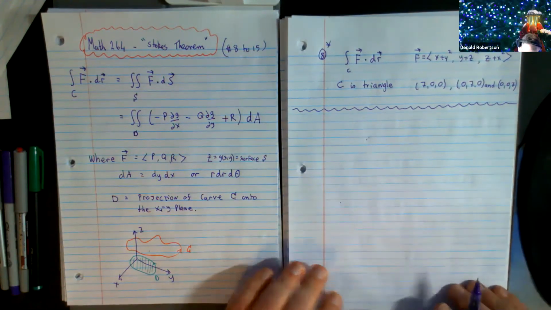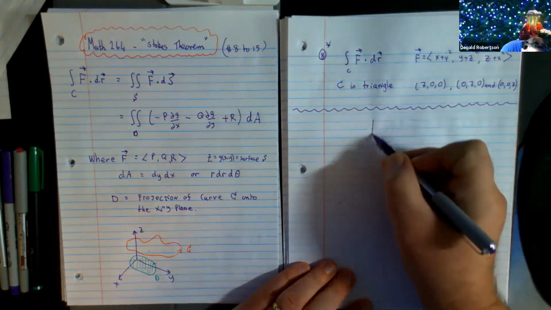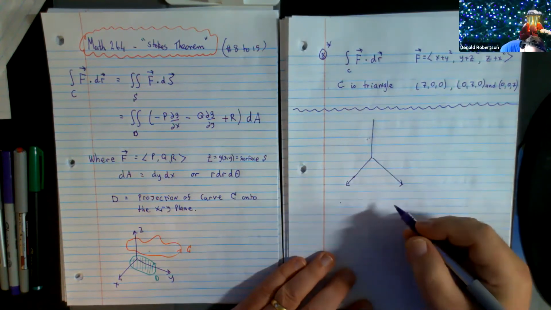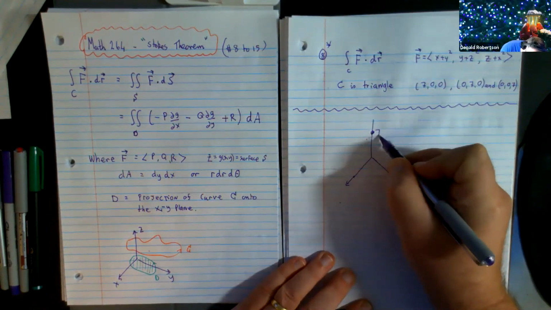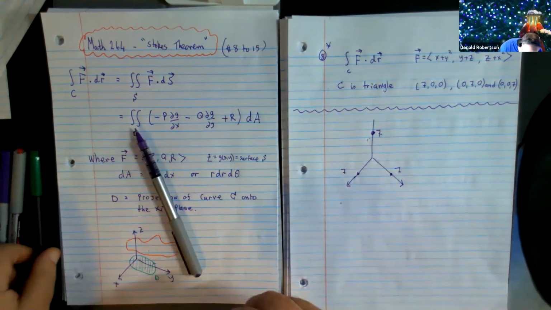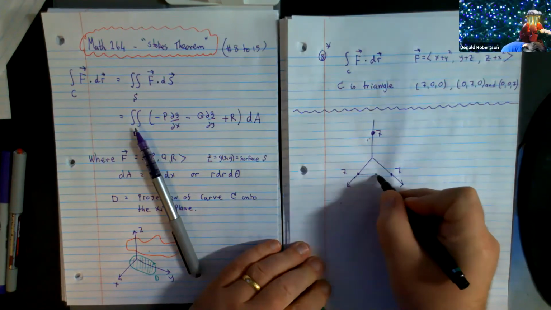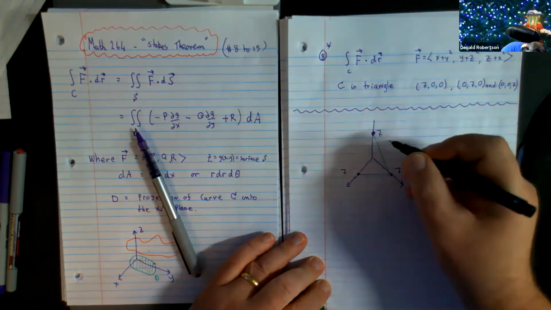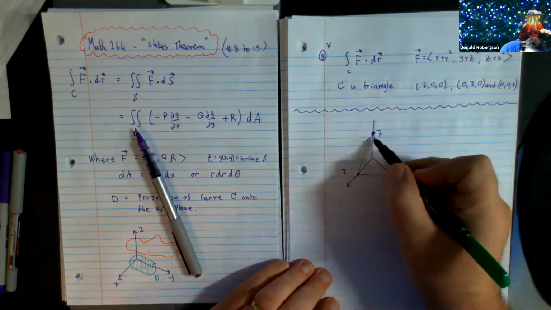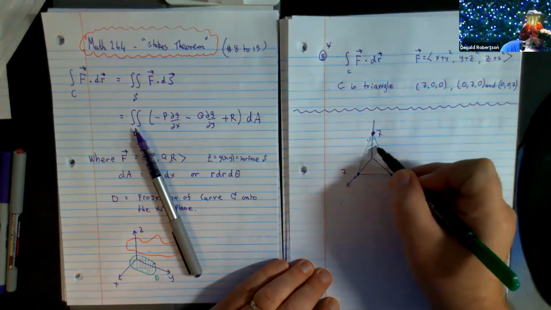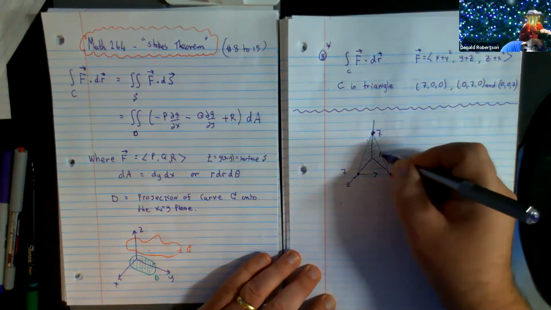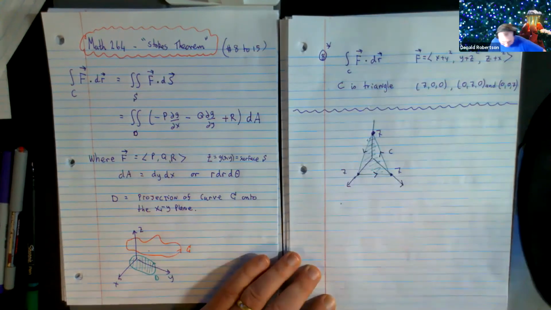Well, let's see, what do we know? We know that C is the triangle that you get when you do 7, 7, and 7. So I'm assuming then that this here is basically our surface, and that C is what you get when you go around that surface.